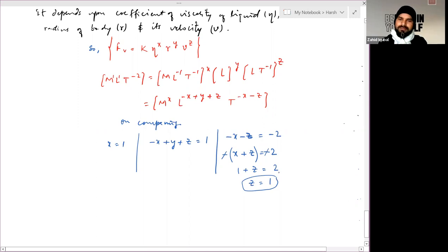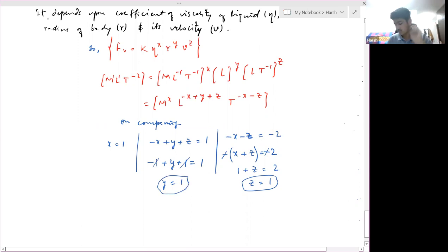Is it clear? Yes, sir. Now put these values in the middle part, -x plus y plus z equals 1. So this term and this term cancel out, and you're left with y equals just 1.